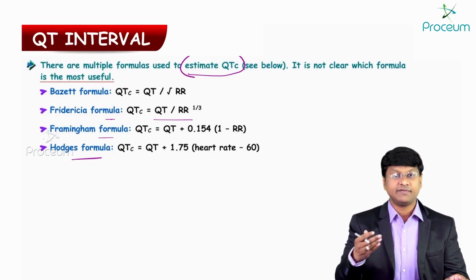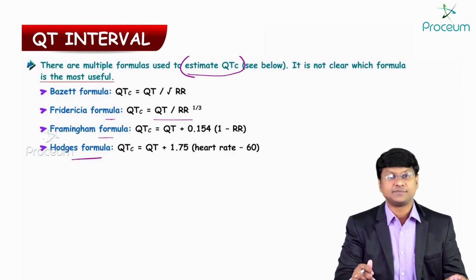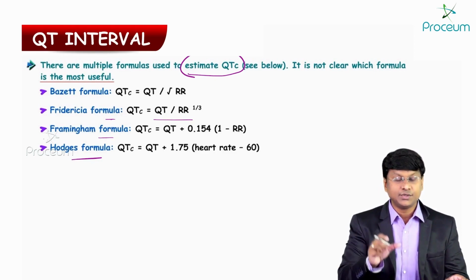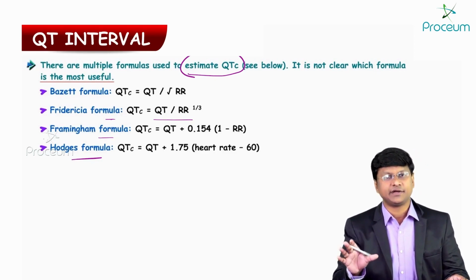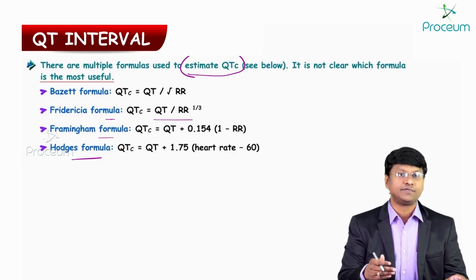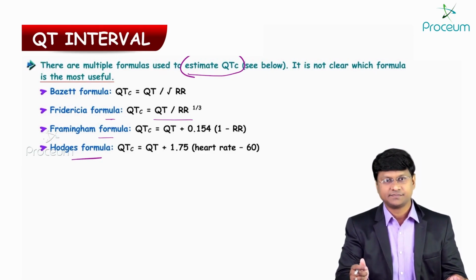If the individual has bradycardia, that is heart rate less than 60, in such a case also you apply the corrected QT interval. That will give you the QT interval at a standard heart rate of 60 beats per minute, and thereby it improves the detection of patients at increased risk of arrhythmias.